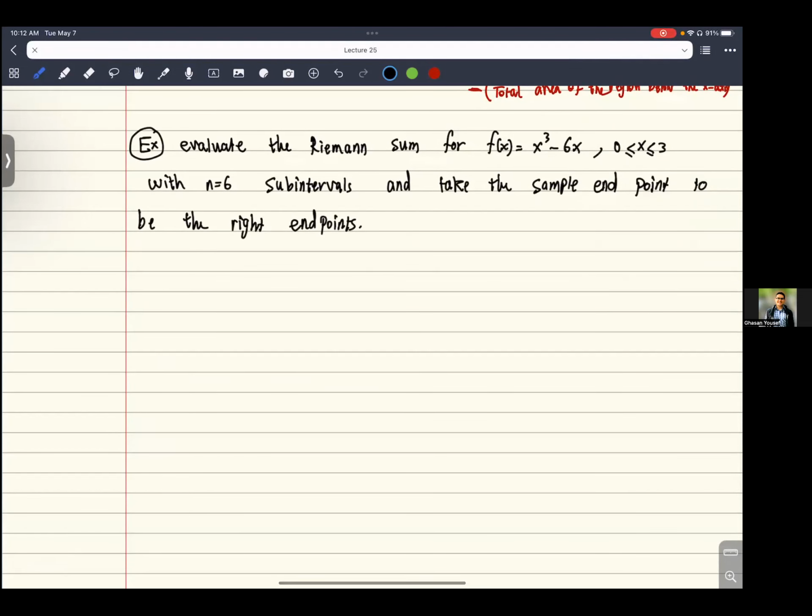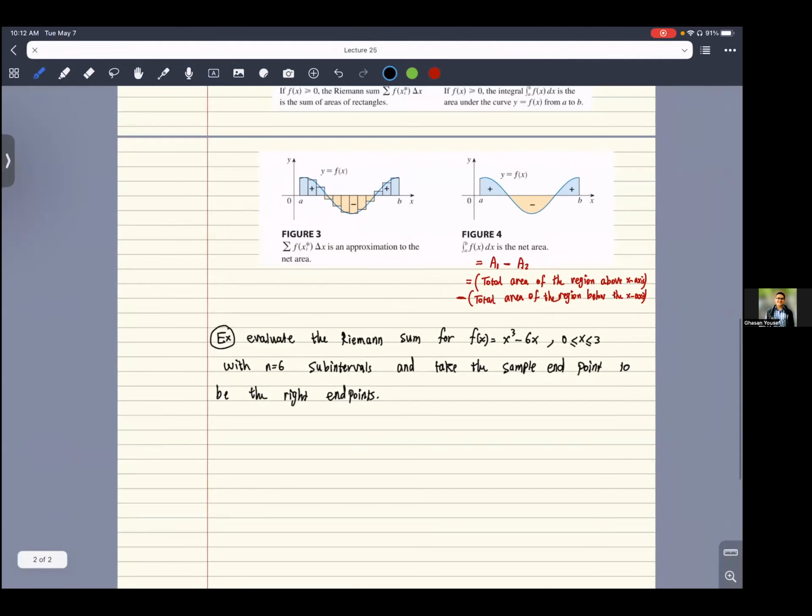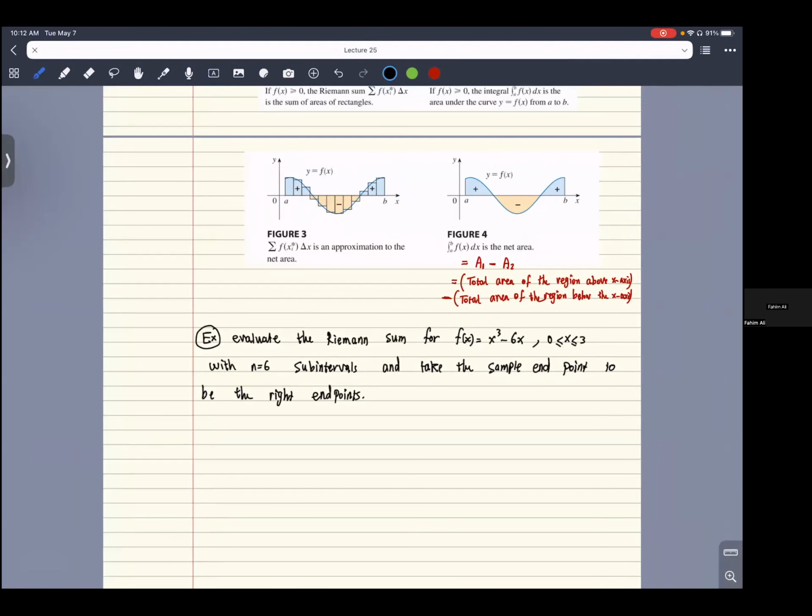Okay, I'm going to ask you questions. How many subintervals do I need for this example? 6 subintervals. Nice. My second question: what is the sample point here?